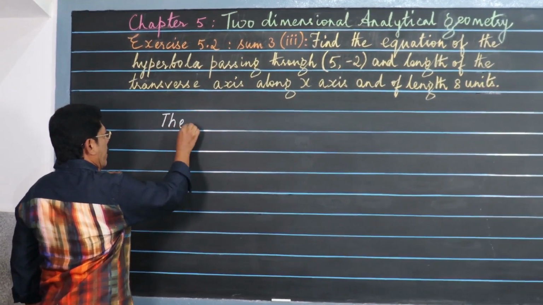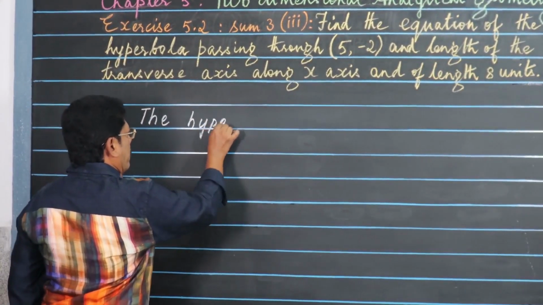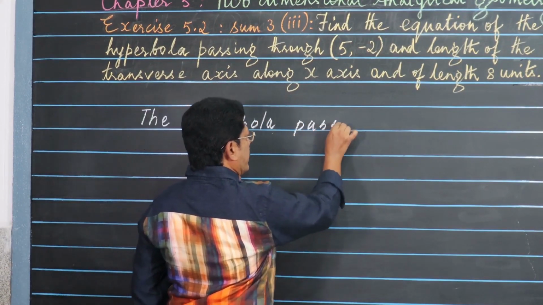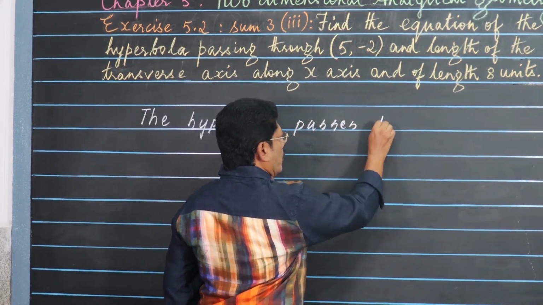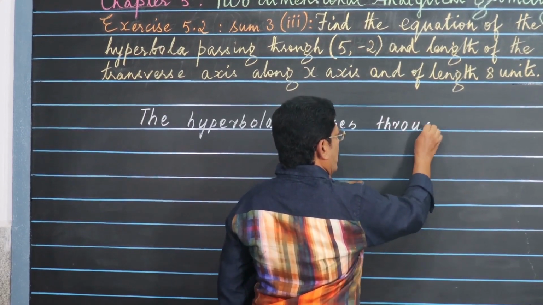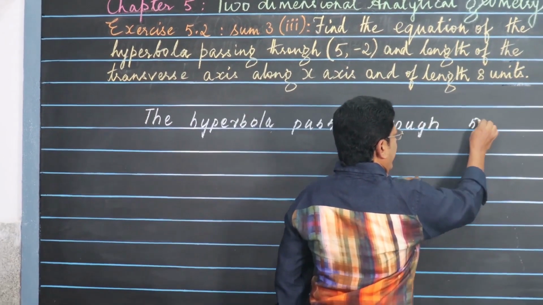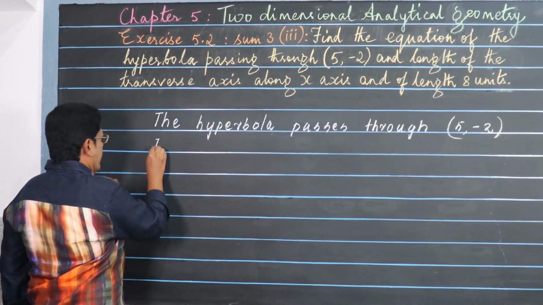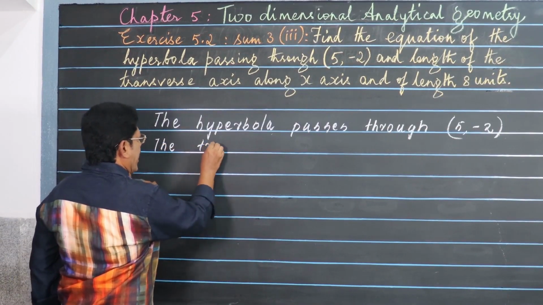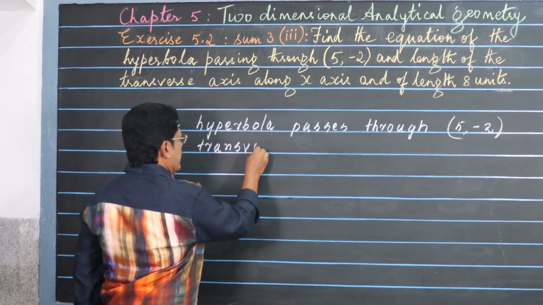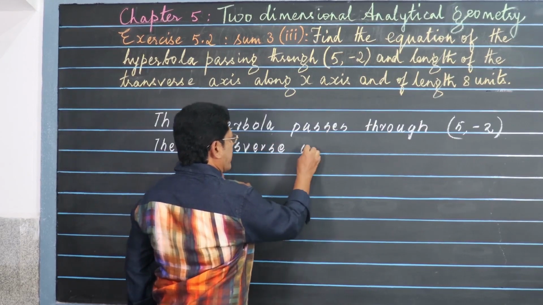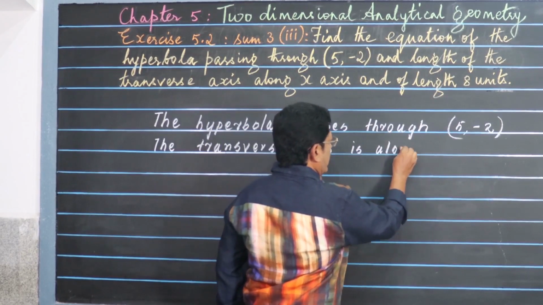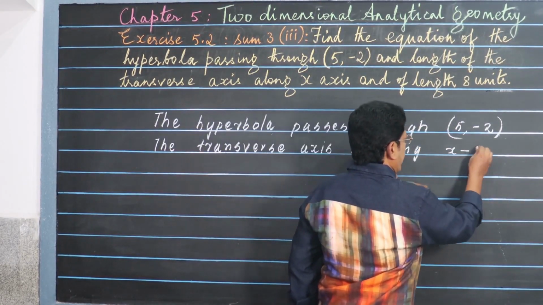The hyperbola passes through (5, -2). The transverse axis is along the x-axis.